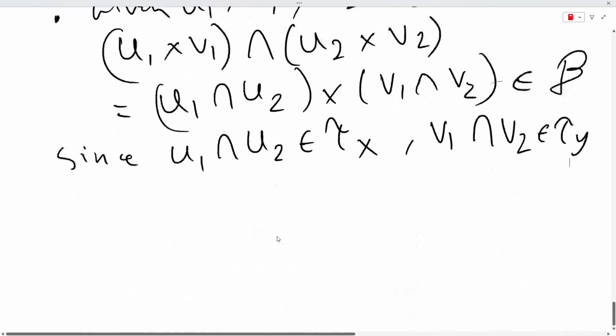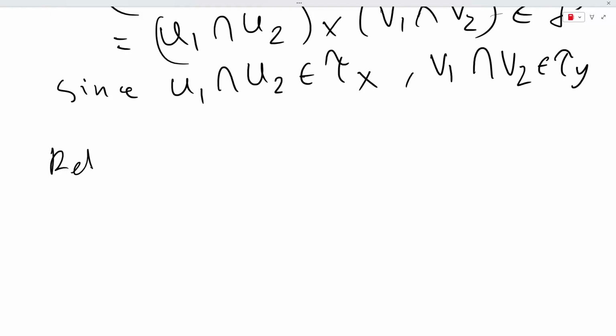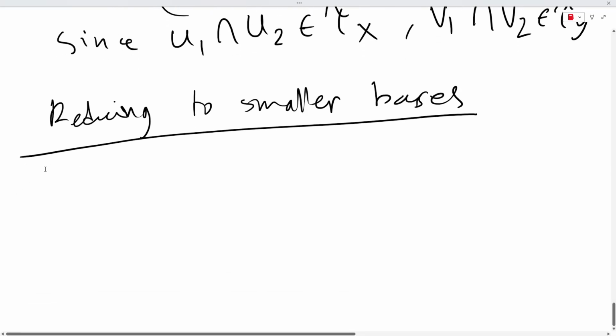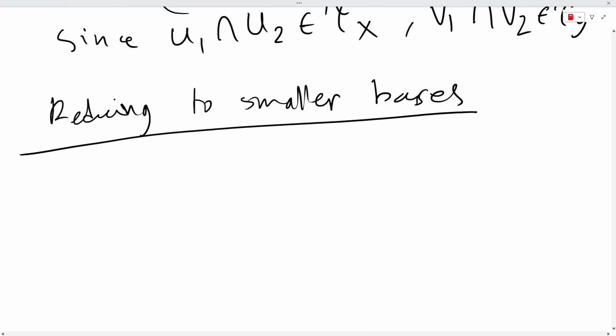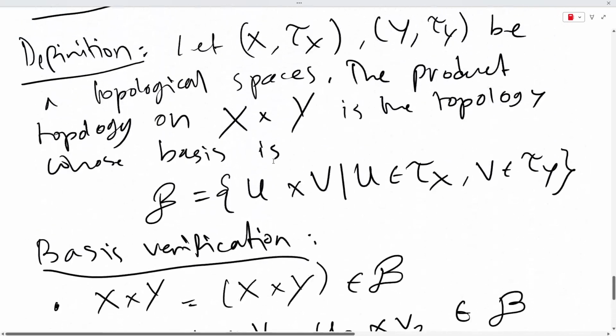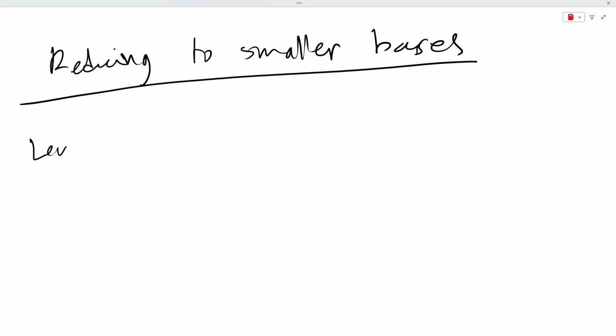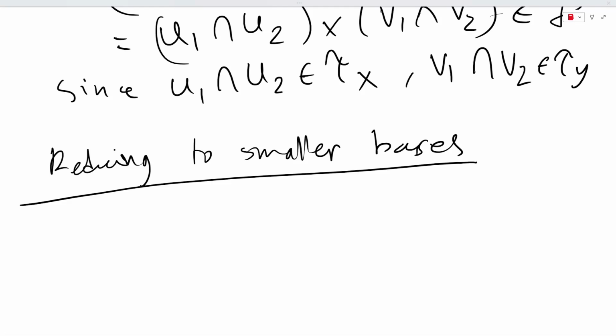Now we can actually reduce this to smaller bases. Basically you can split these bases for each topological space, and take the product of those bases, and that's also going to be a basis. Here is the theorem; let me state it first.